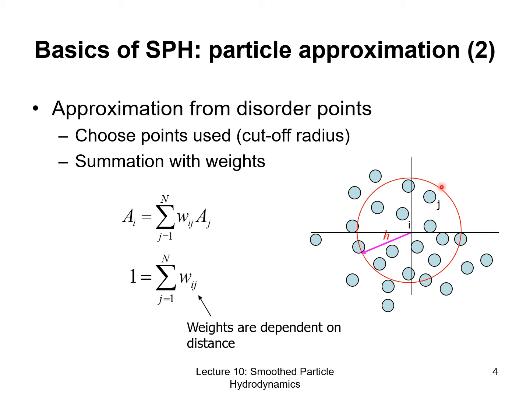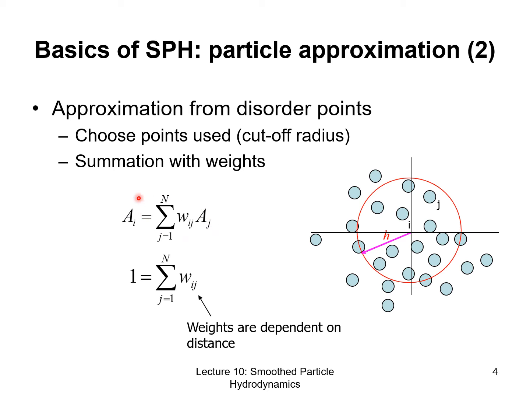This neighborhood is defined by a cutoff radius, something like we use for molecular dynamics. Within this cutoff radius, we find the neighbor particles which we can use for approximation. And we do the same as we did before.